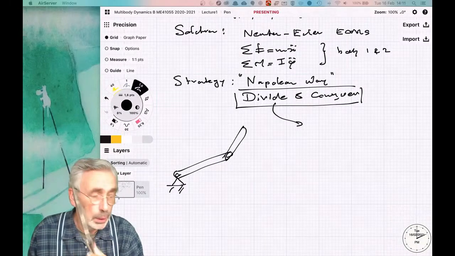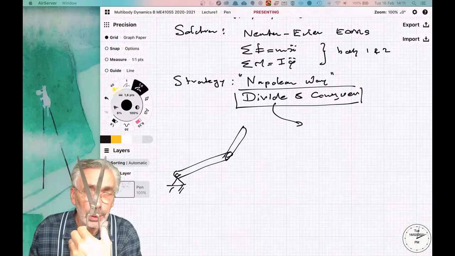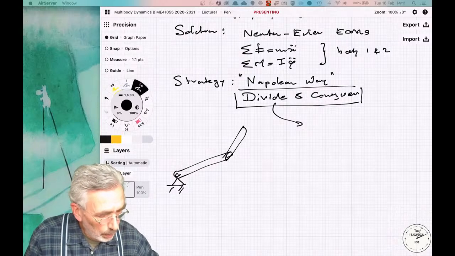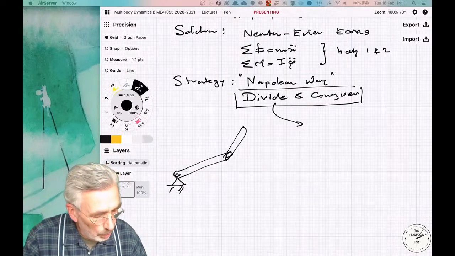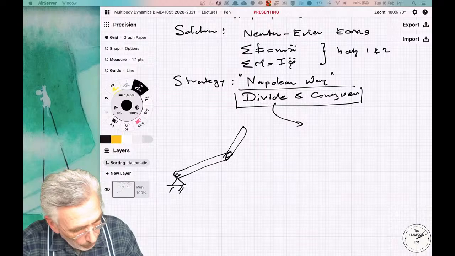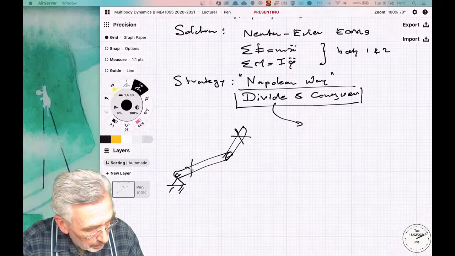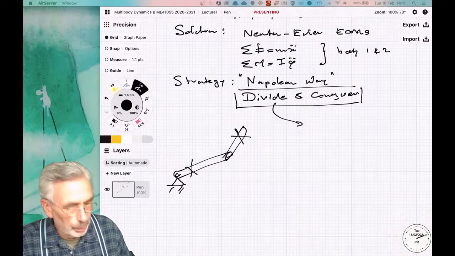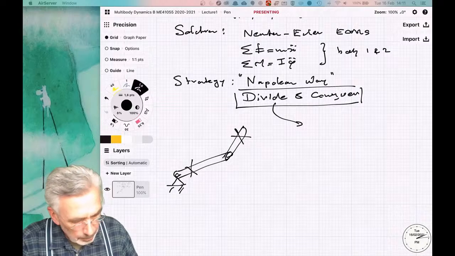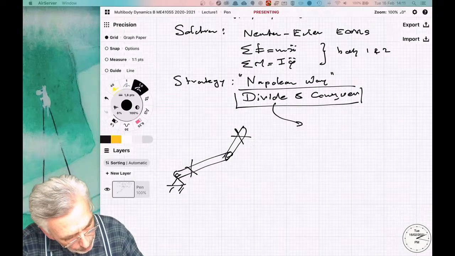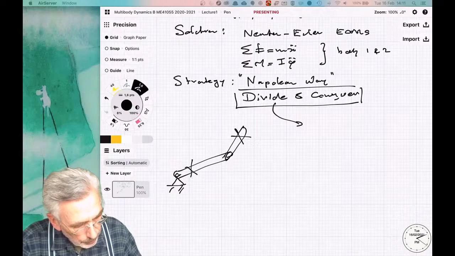Now why do I say scissors? Well, with those scissors, what can we do? We can divide the system. Of course, you can cut it here or you can cut it here, but that's not a very smart move because then we get a lot more bodies. It's smart to cut it here at these joints, right?